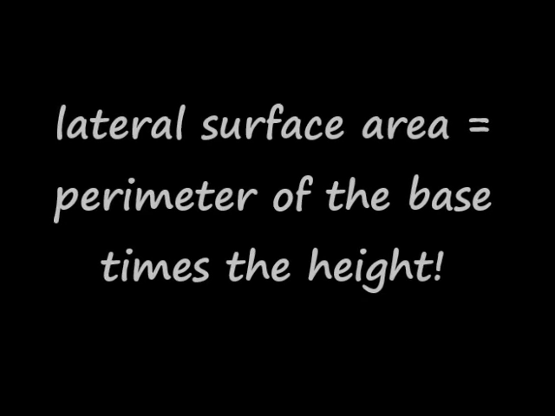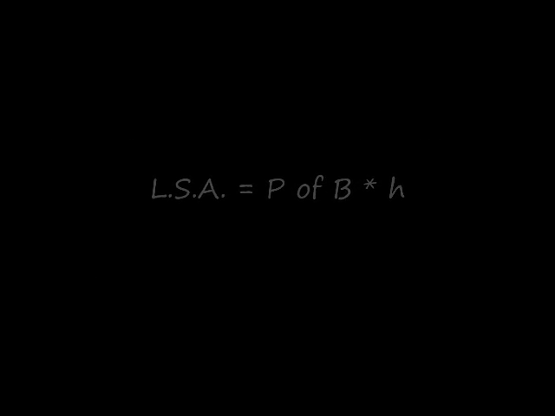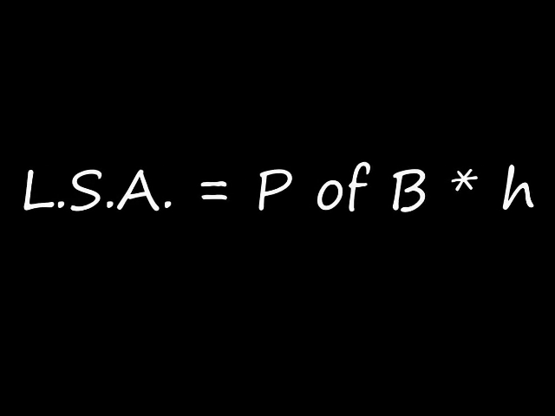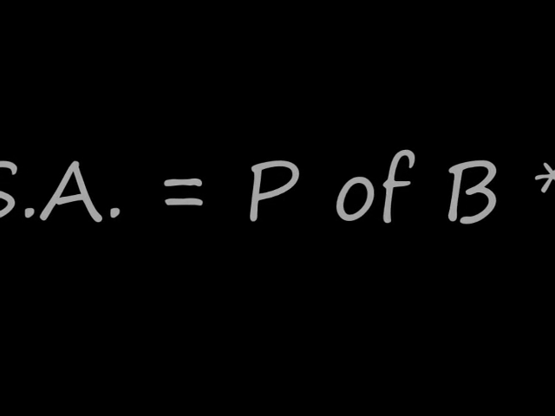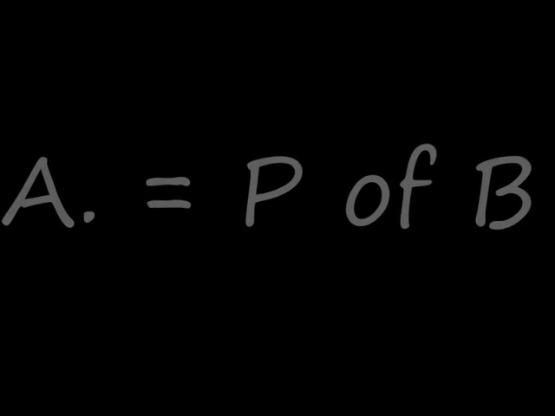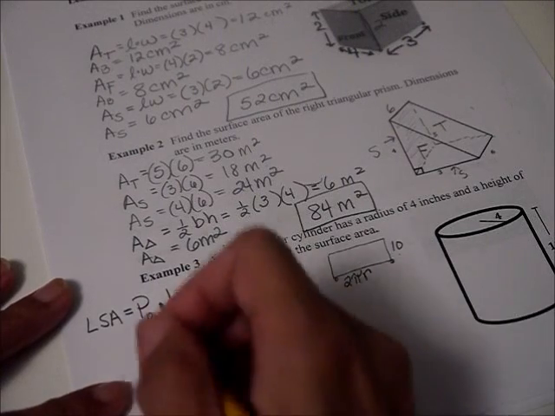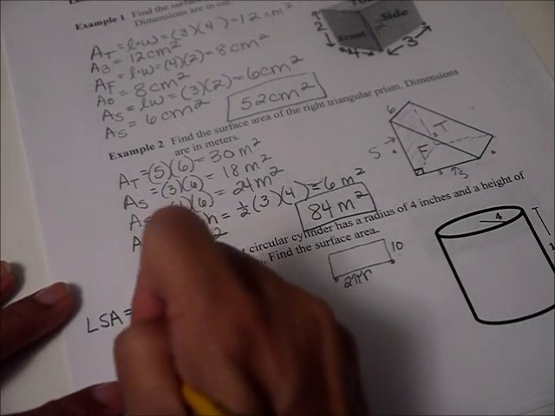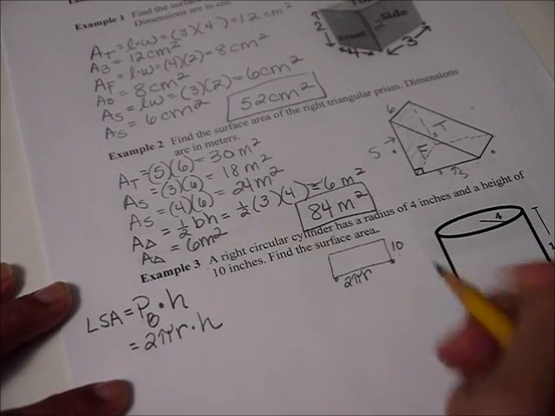Okay, and the perimeter of the base turns out to be our circumference. So our lateral surface area is 2 pi r times h.